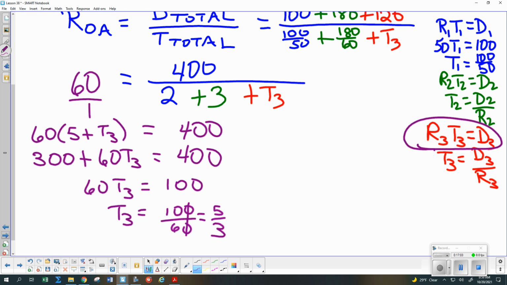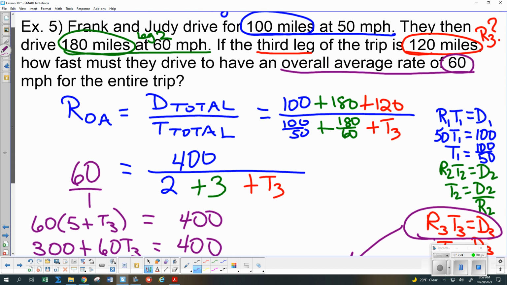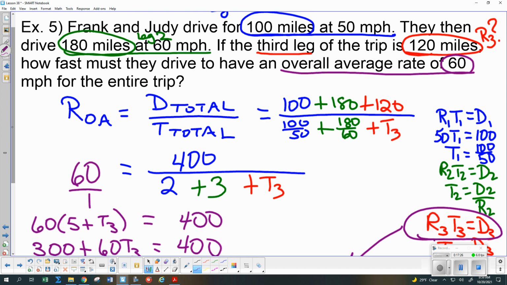So now I'm going to go back to this R3T3 equals D3 to figure out what R3 has to be. So if I take that, R3 is what I'm trying to find. T3 is 5/3, and distance 3 was 120 miles.